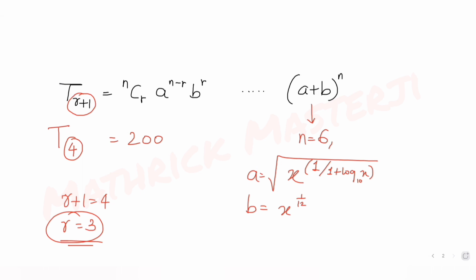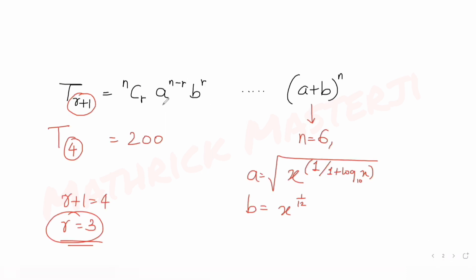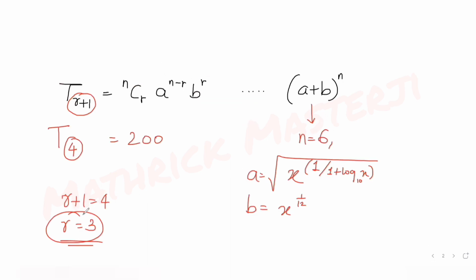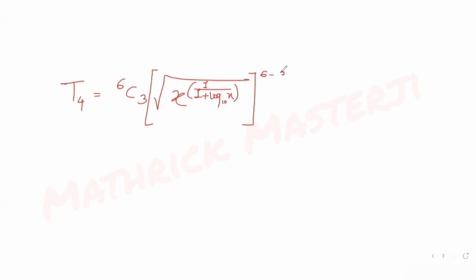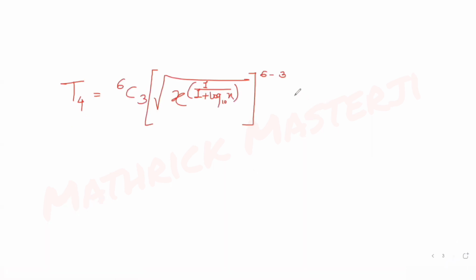Now, T4 is equal to nCr, so 6C3, a raised to n minus r. A is root of x raised to 1 over 1 plus log x to the base 10, raised to n minus r, so 6 minus 3, that is 3, and b raised to r. b in this case is x raised to 1 by 12, so x raised to 1 by 12, the whole cube.